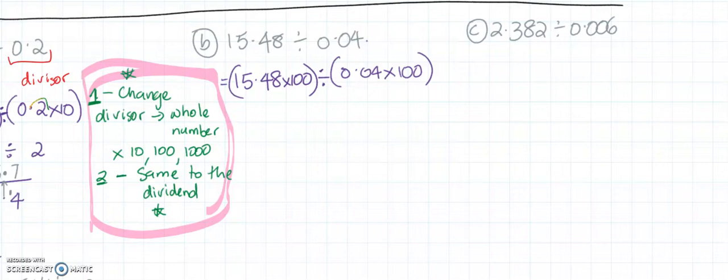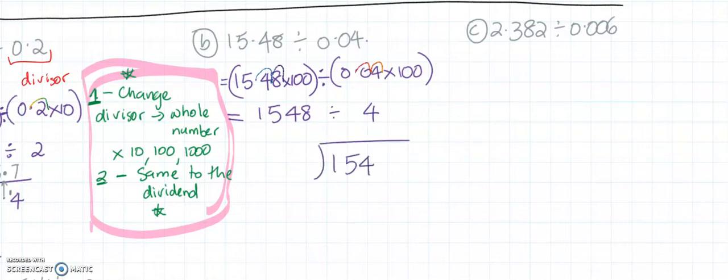If I shift my decimal point 2 places, 1, 2, and then 1, 2, what I get is 1,548 divided by 4. Then I do my division. 4 into 1 cannot be done because 4 is greater, so we bring the second digit in, make it 15. 3 times 4 is 12, with a remainder of 3.